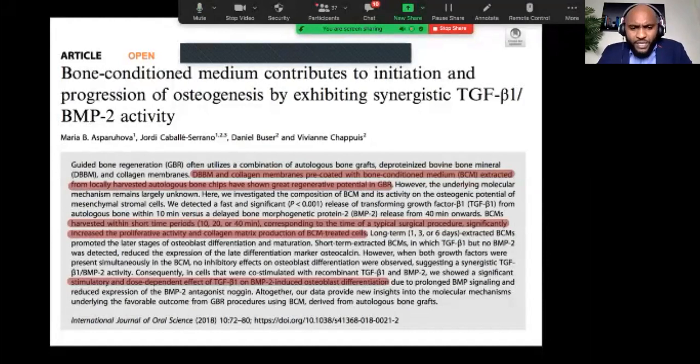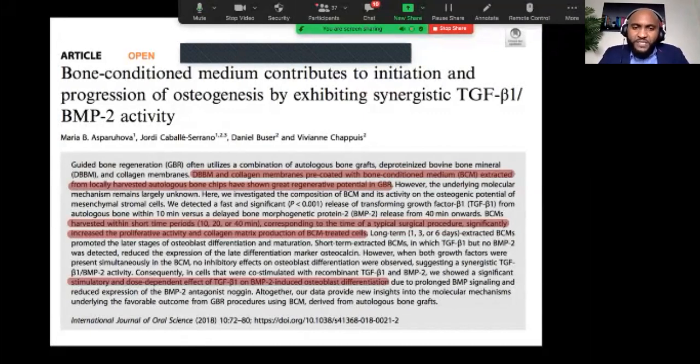Again, Danny Buzan's group have now demonstrated the molecular mechanism underlying a favorable outcome in GBR by using bone conditioned media. Here, they advocate that bone shavings are harvested from the patient as you do the implant placement. You also harvest some blood.